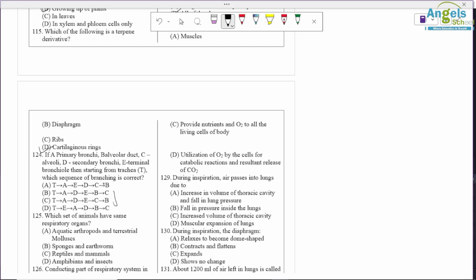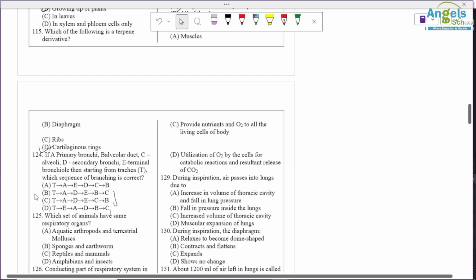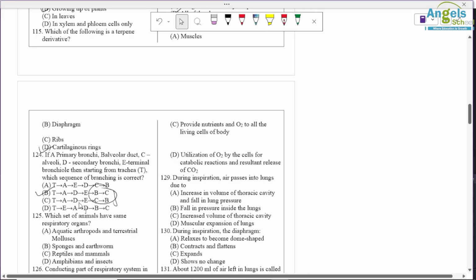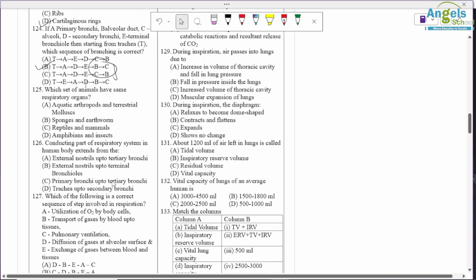Then it opens into terminal bronchioles, then alveolar duct and then alveoli. Okay, so B option is correct. You may get a little confusion between B and C at the last, but the last part is alveoli only.